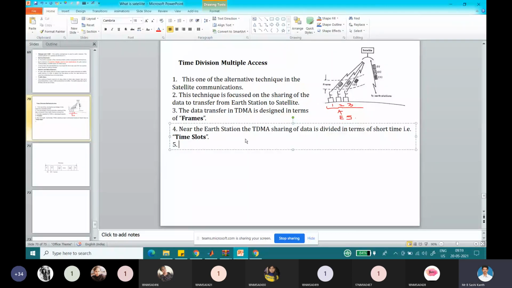For example, we have n number of Earth stations that are connected to the satellite.